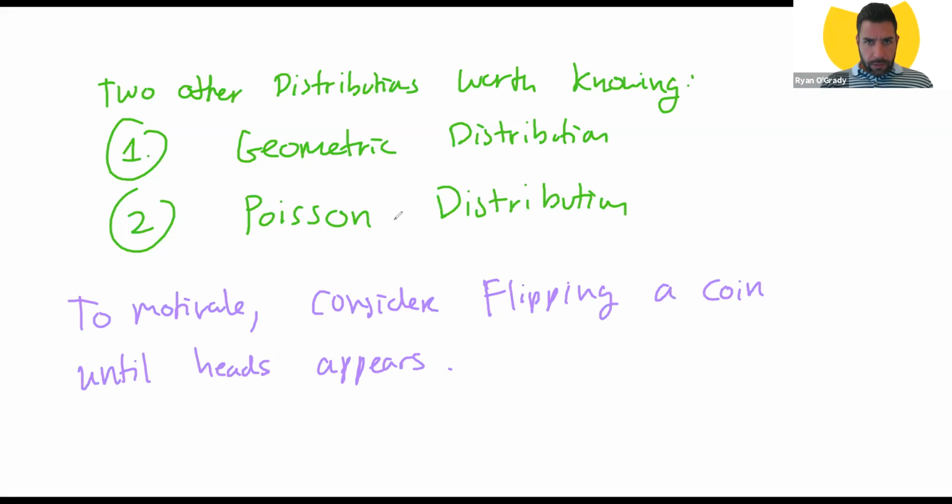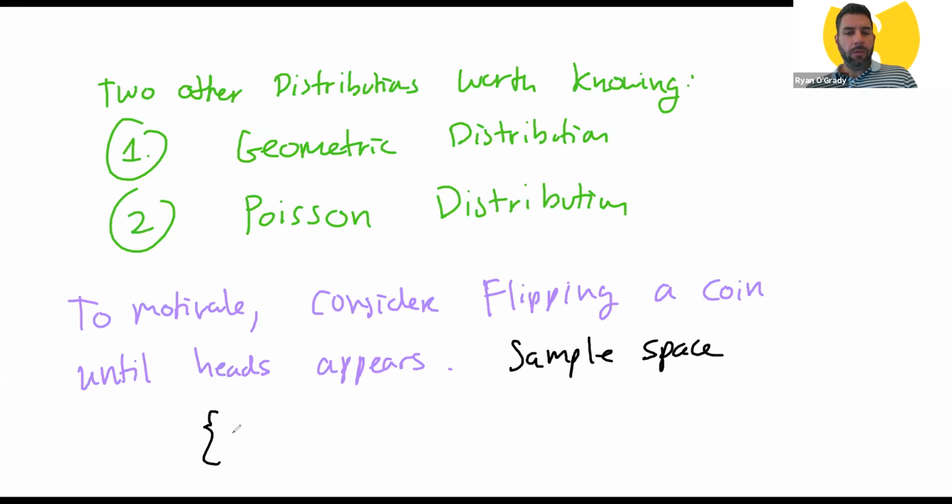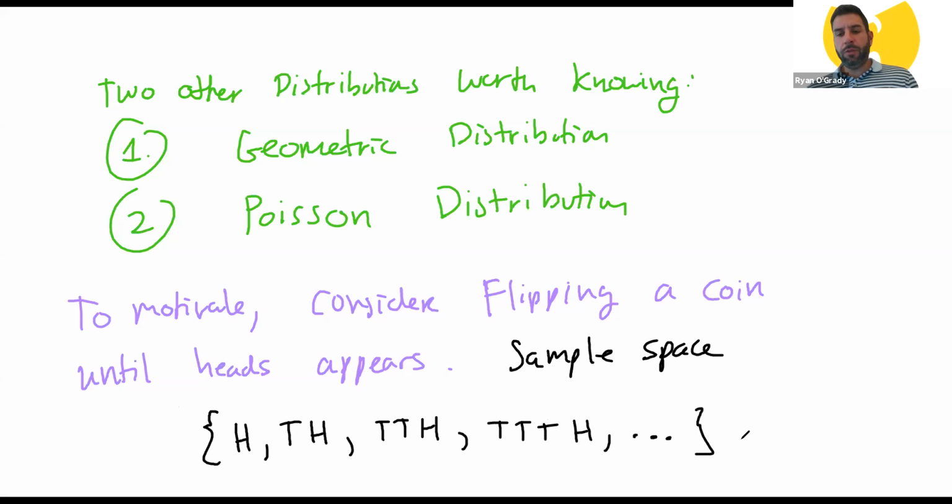Let's remind ourselves what the sample space looks like here. The sample space is an infinite list, really, because we have to think about how the game can end. Well, you can get heads on the first try, then it's over. But if you don't get heads on the first try, you might get it on the second try, or the third try, or the fourth try, etc. So this is the pattern of the sample space, and it's infinite.